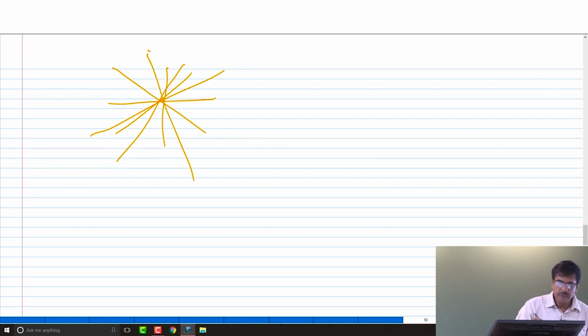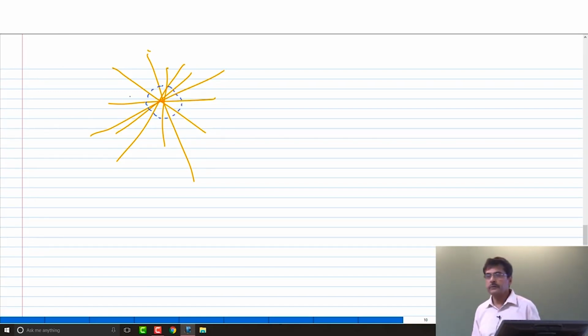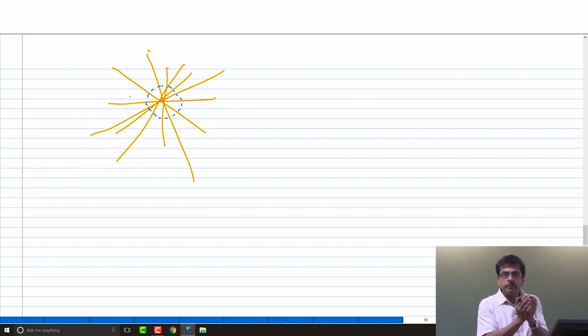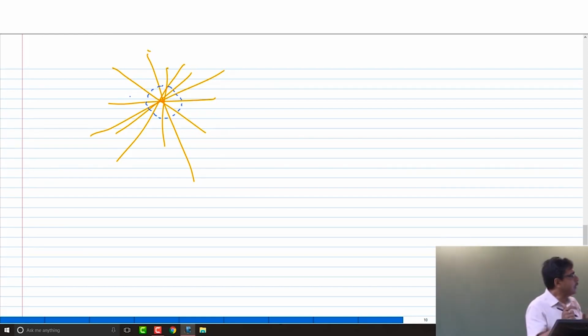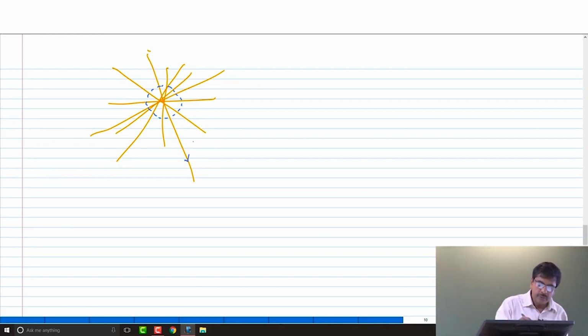The entire interesting part of the arrangement, the bounded faces, will be limited within some maximum x coordinate, maximum y coordinate of the intersection points. It is all confined to a small region, and there are these basically outgoing rays. So, there are these 2n rays going out.